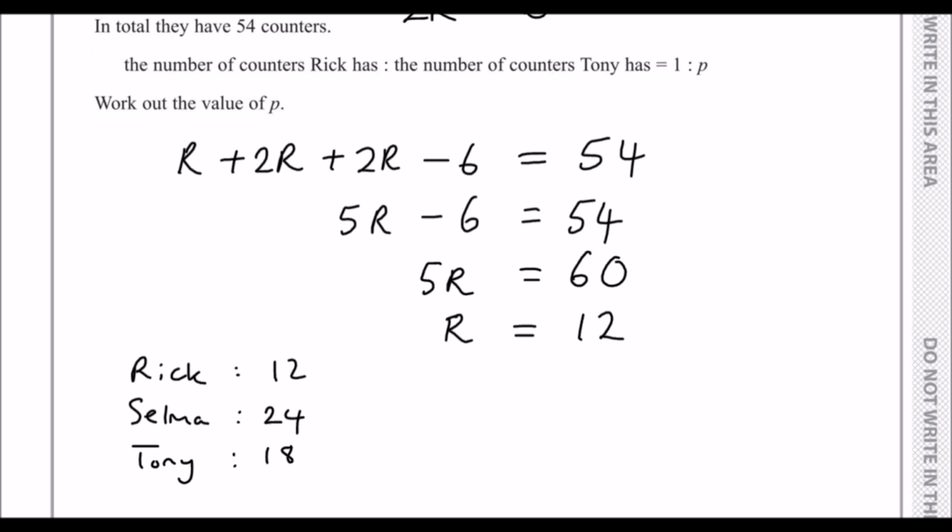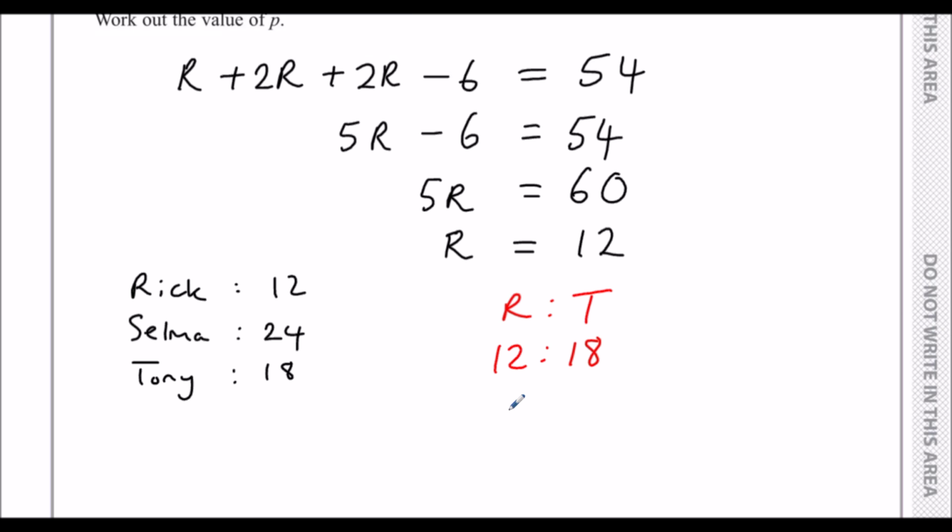The question said the number Rick has to the number Tony has as a ratio. So Rick to Tony is 12 to 18. We want it in the form 1 to P. So 1 to something. So to get from 12 to 1, we divide by 12.